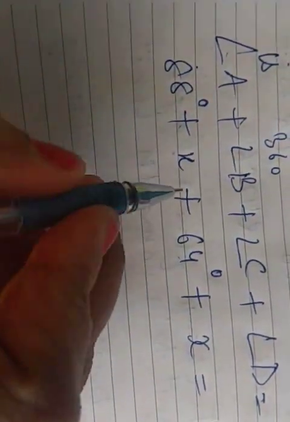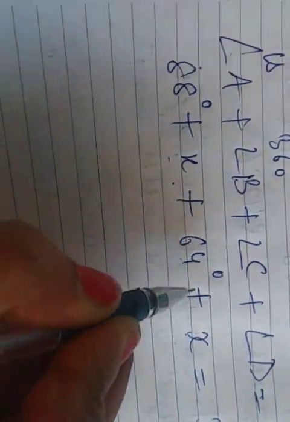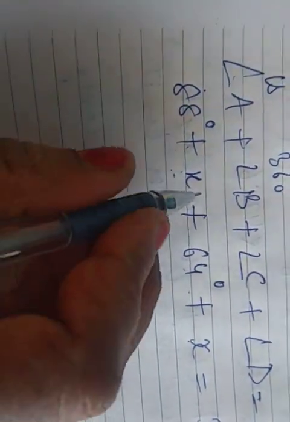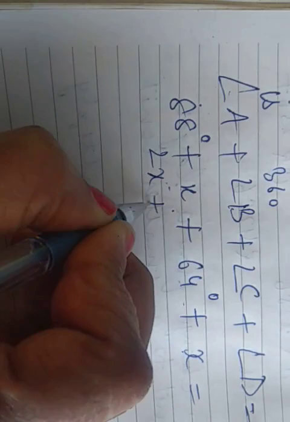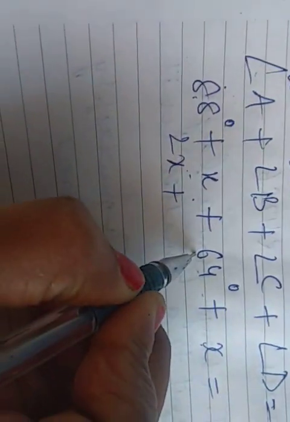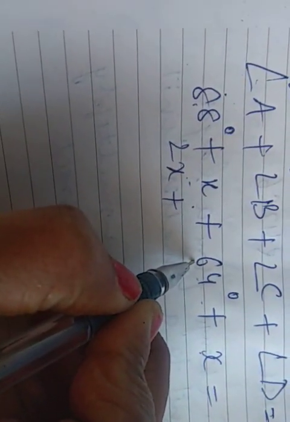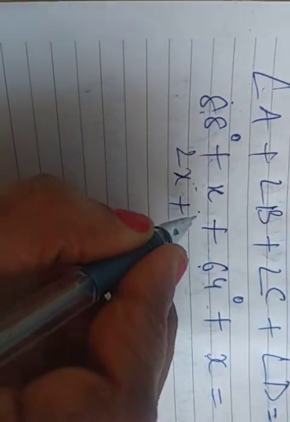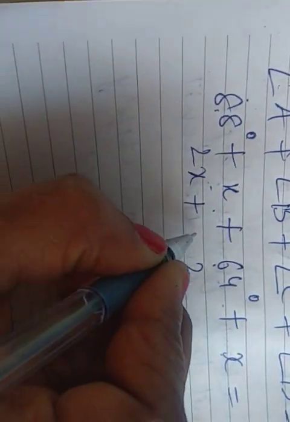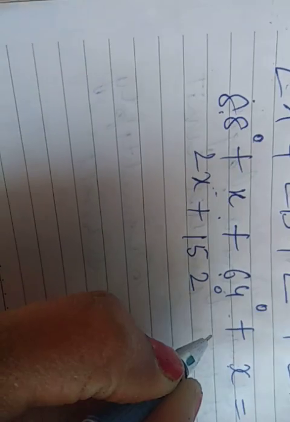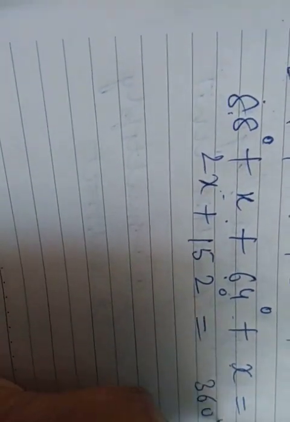So X plus X will be equal to 2X, and 88 degree plus 64 degree will be how much? It is 152 degree, that is equal to 360 degree.